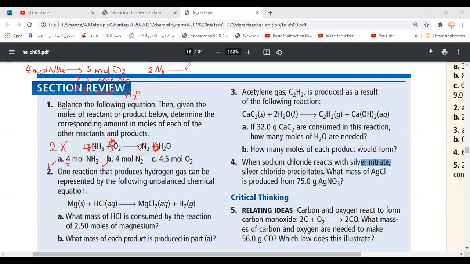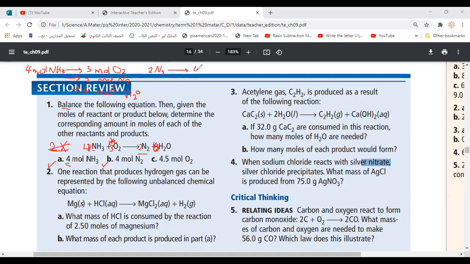They produce how many mole of ammonia? 8. Then multiply by 2? No, after multiplying, that's the final balanced chemical equation. Okay. So we see that 2 mole of nitrogen, how many mole of ammonia we have here? 4.